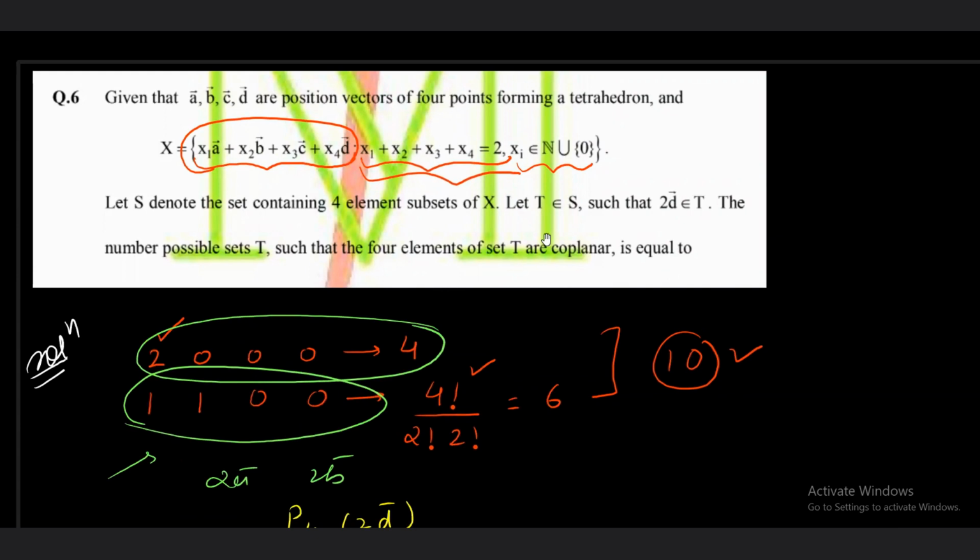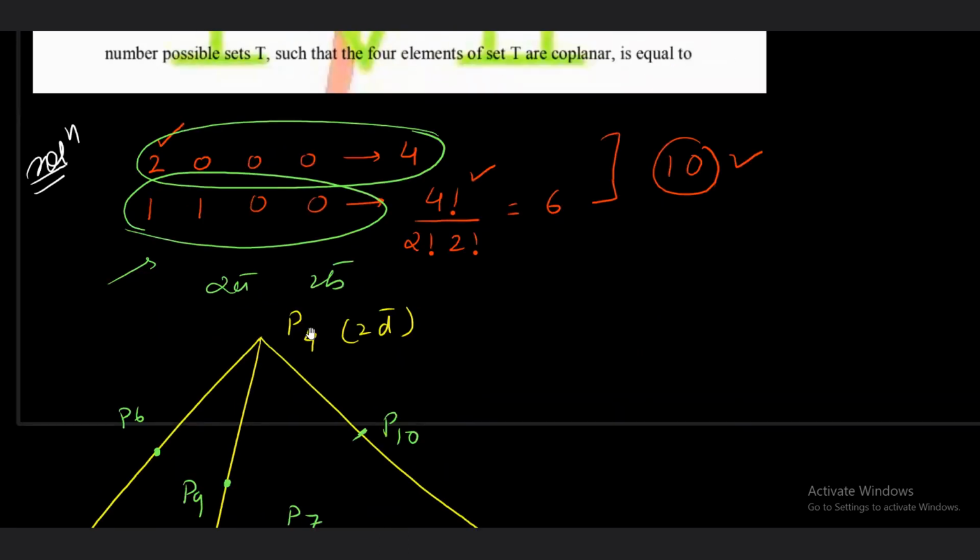T is representing that you have selected 4 points out of the 10 points such that 2D vector is always included. 2D vector का मतलब ये हुआ कि point 4 is always included. ठीक है, so T is that subset which contains 4 points out of which one is always P4.